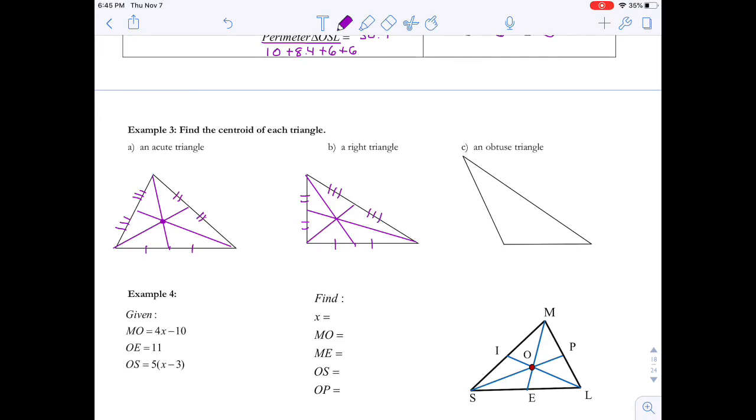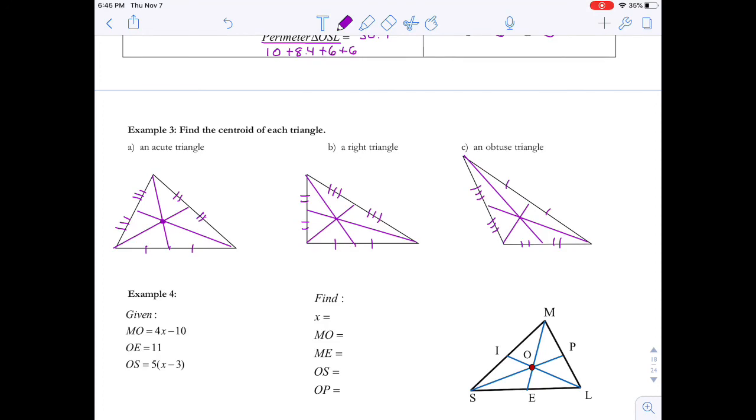Now, it might not be perfect, but our whole goal is when we do this, we should end up seeing that point where they meet in the middle. And again, that is your centroid. And then finally with the obtuse, we're going to end up with all of our congruent sides.